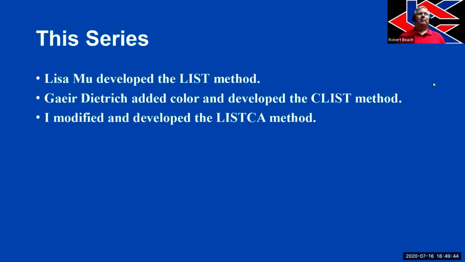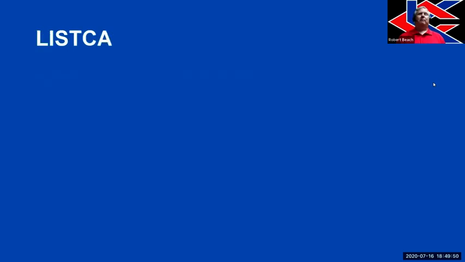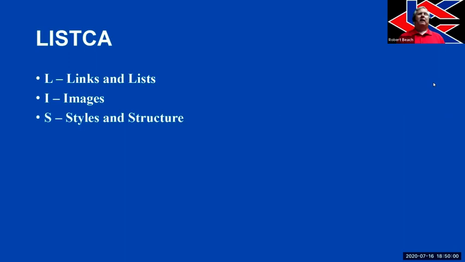Then me, not being able to leave well enough alone, decided to expand it even further, and I came up with the LISCA method. What is LISCA? L still stands for links, but also includes lists now. I is still for images. S is for styles because they provide the structure that makes our documents more accessible and usable.